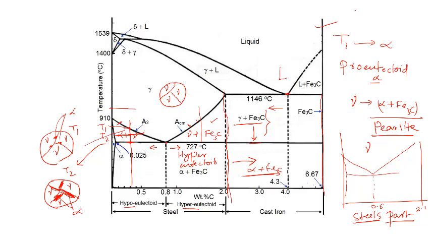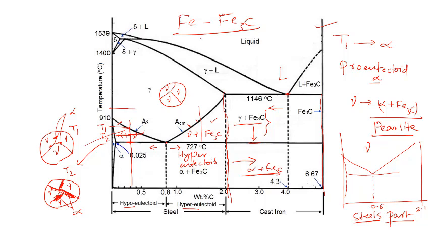That is why many a times, instead of iron carbon diagram, it is referred to as iron carbide diagram, because of the fact that cementite is present like a component.